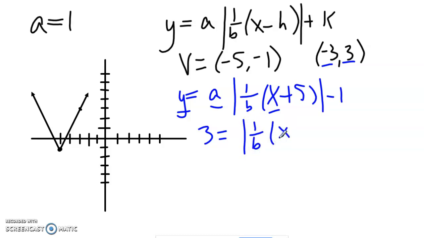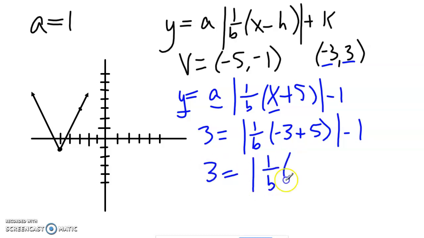Oh, x is, we said -3. So there's our equation. And simplifying, we have 3 equals absolute value of 1 over b.